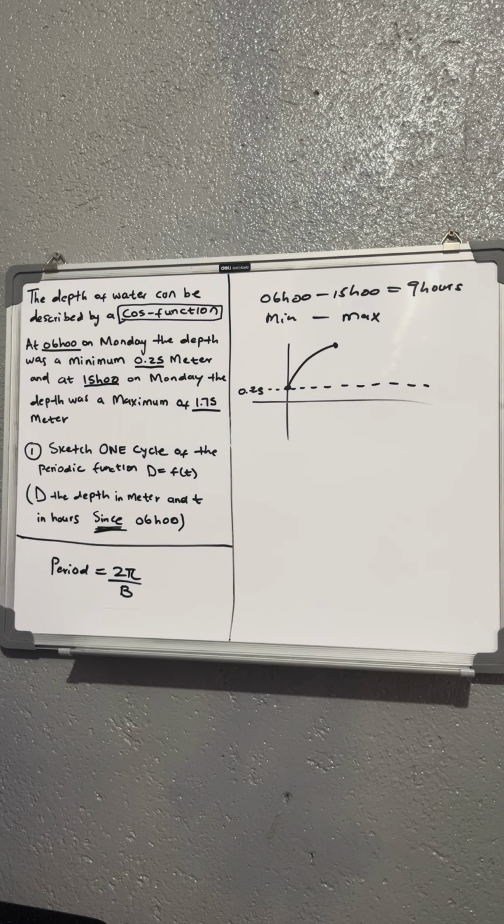So what is our period? You also have to know the definition of your period. A periodic function repeats the same cycle over, and the period is the time to complete one cycle. What do they mean by that?